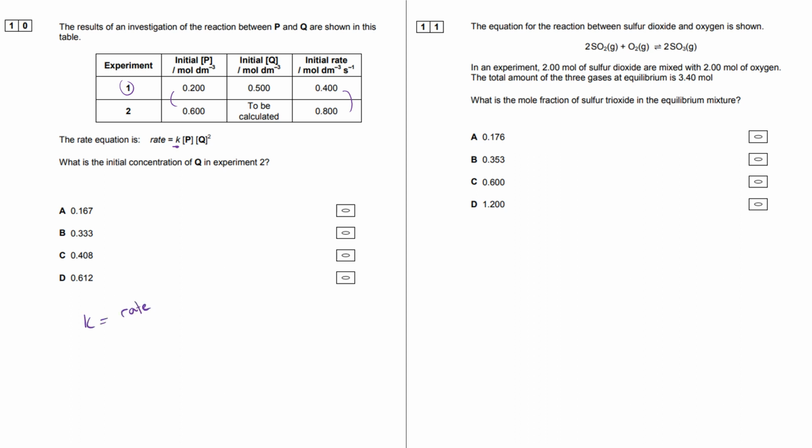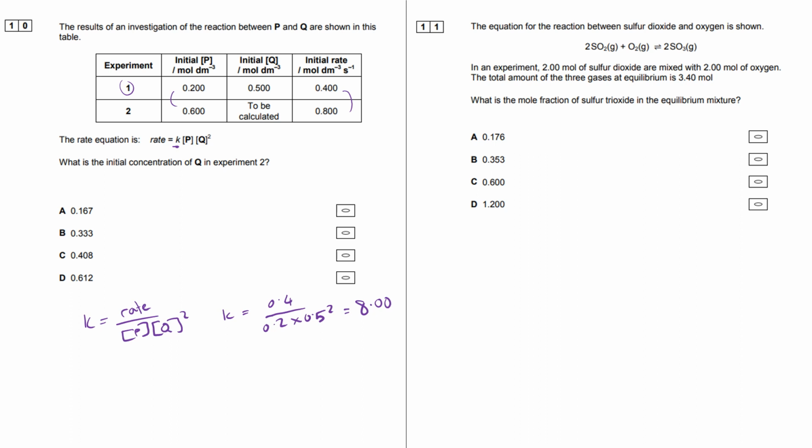So K can be worked out by rearranging the rate equation. So K is rate over P times Q squared. And again, we'll use the values from experiment 1 to find the value of K. So K is 0.4, which is the rate, divided by the concentration of P times the concentration of Q squared. So that gives us a value of K of exactly 8.